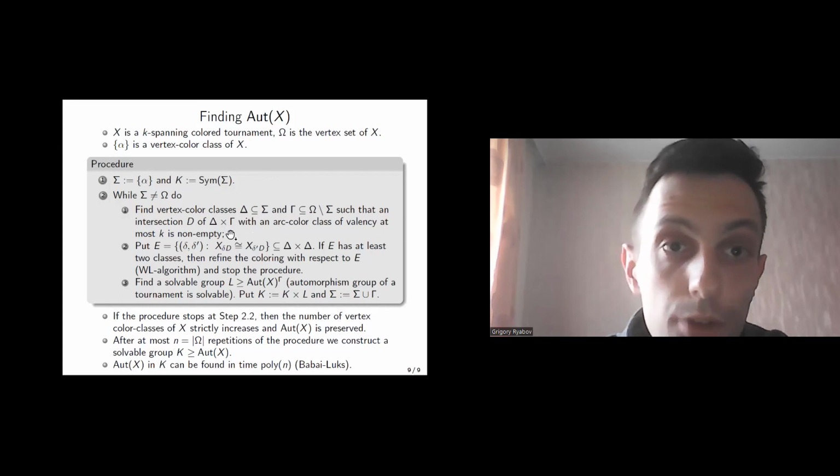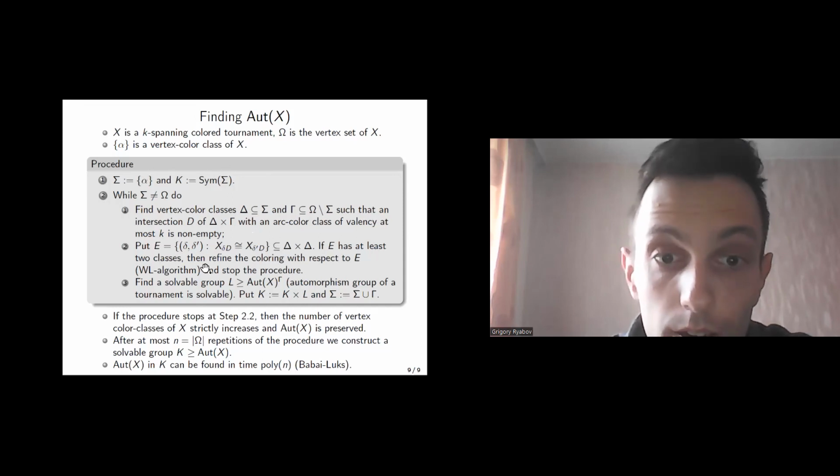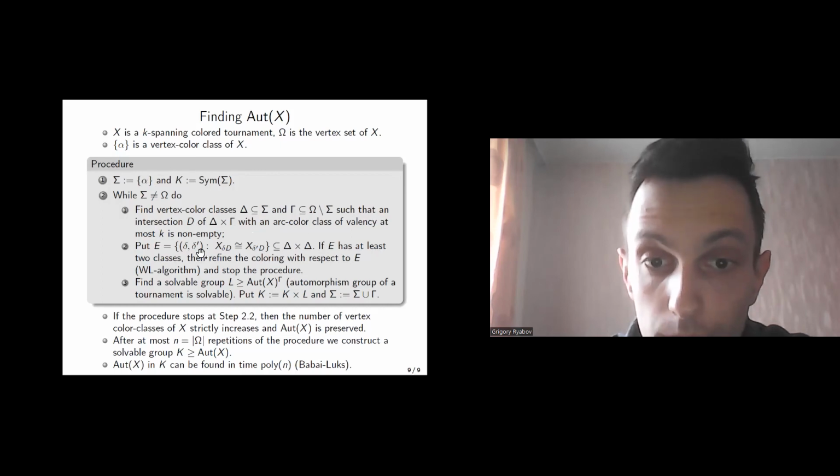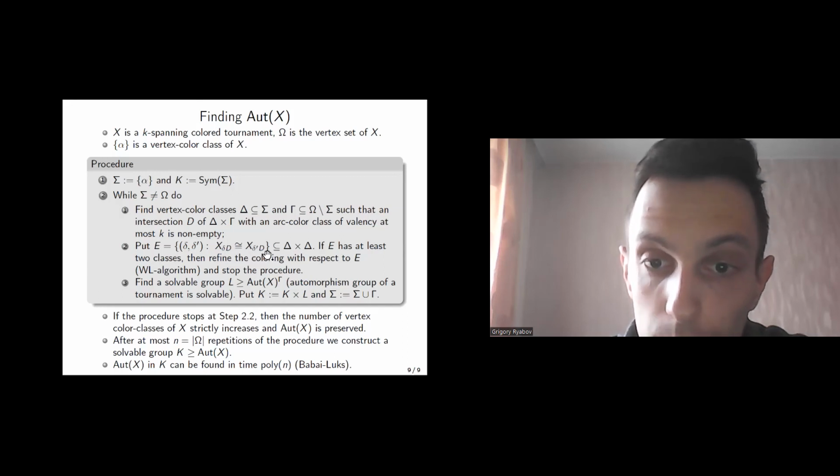Further, we construct an equivalence relation on delta in the following way. It consists of all pairs delta, delta prime, such that the induced tournaments on the neighborhood of delta in D and on the neighborhood of delta prime in D are isomorphic.